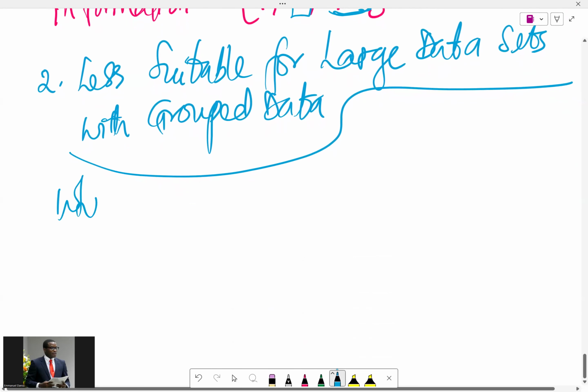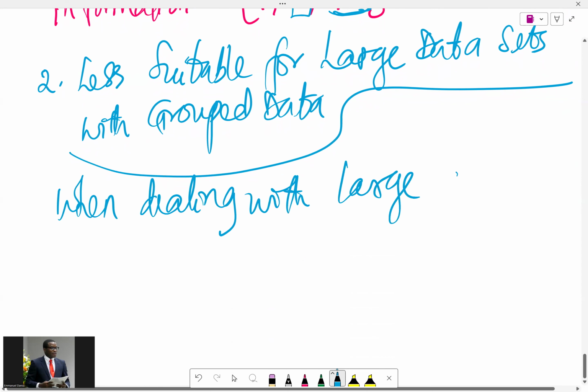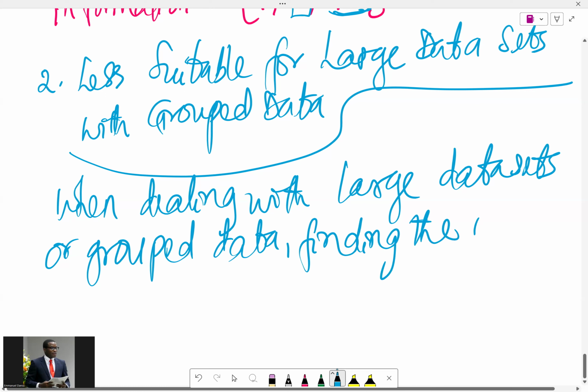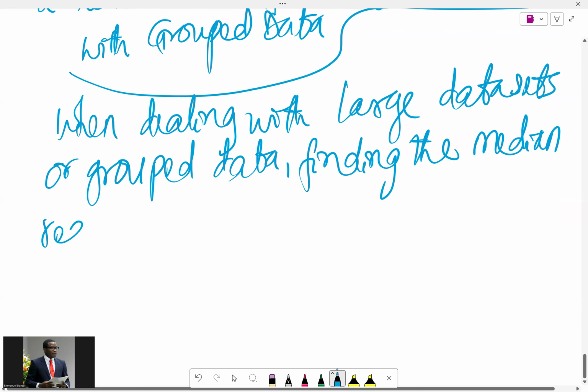So when dealing with large data sets or grouped data, finding the median requires additional steps.